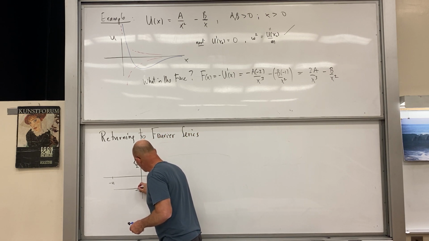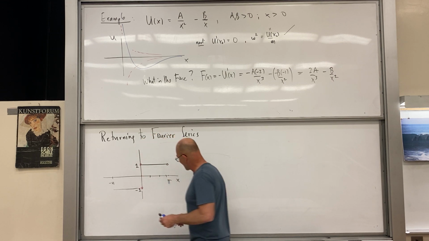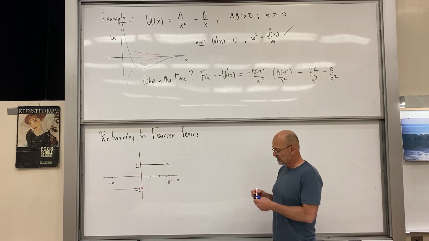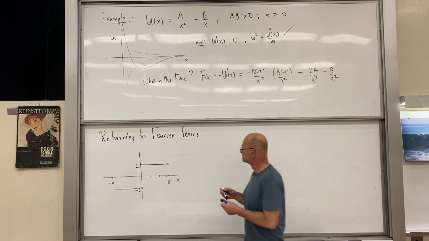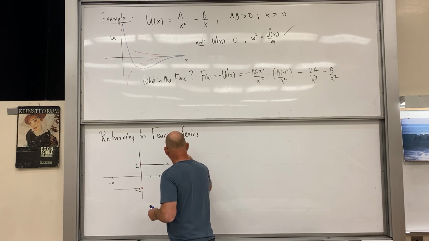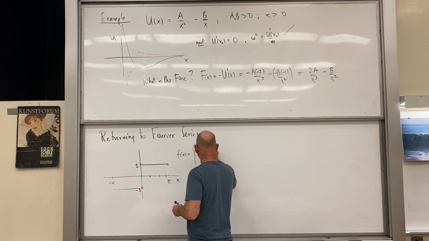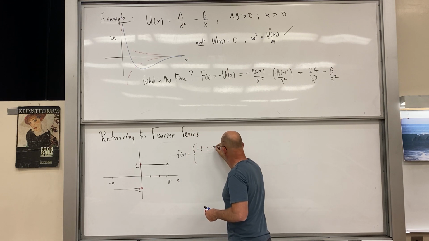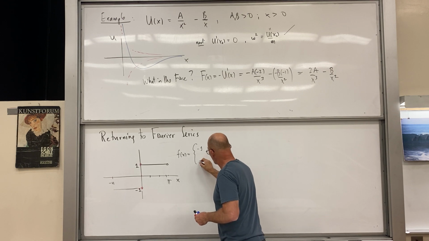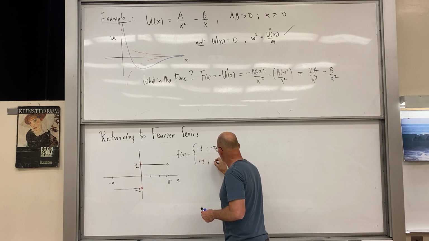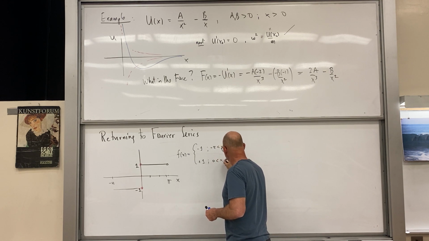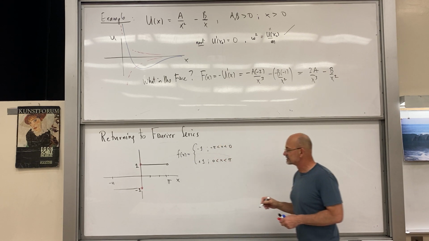And what happens in the middle? Well, it actually goes through that point, but we'll just say f of x equals -1 for minus pi less than x less than 0, and +1 for 0 less than x less than pi.